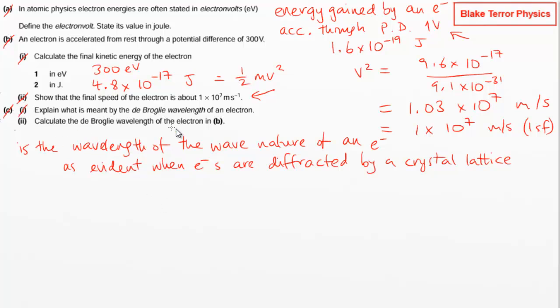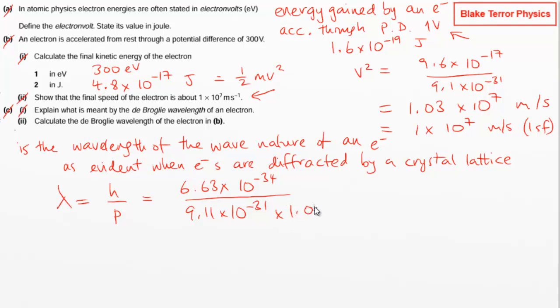Calculate the de Broglie wavelength of the electron in B. That is the Planck constant divided by momentum. We've got the final speed, so everything's there. Typing into the calculator: 6.63 times 10 to the minus 34 divided by 9.11 times 10 to the minus 31, the mass of the electron, and then the 1.03 times 10 to the 7 for the speed we calculated.